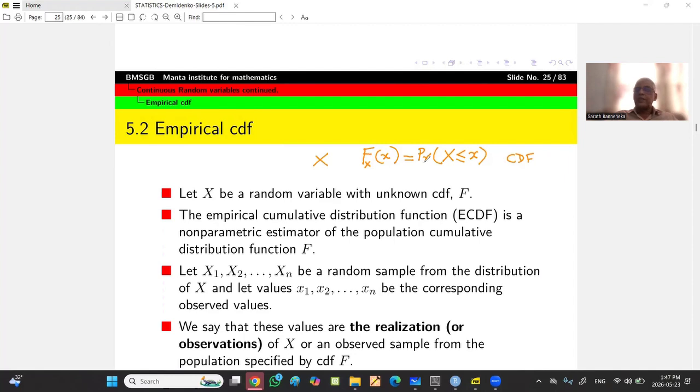So that is the parametric method of answering a question. Parametric method means you assume some model for the density function or the distribution function of your random variable.